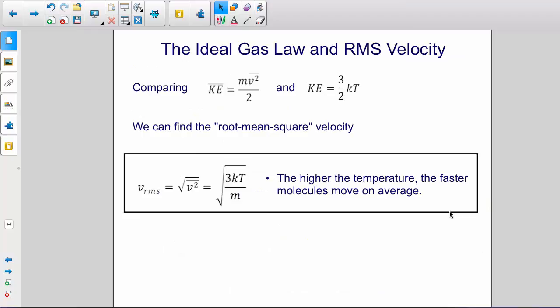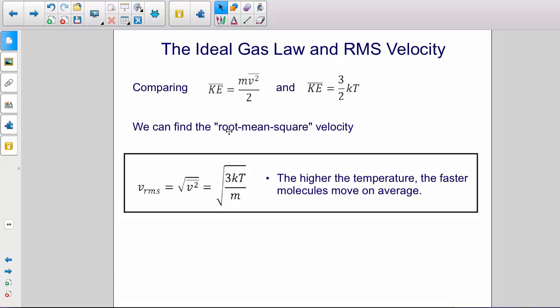Finally, we can use our result for the mean kinetic energy to find the root mean square velocity. So, our mean kinetic energy is just mass times the mean square speed divided by 2, but it's also equal to 3/2 kT.